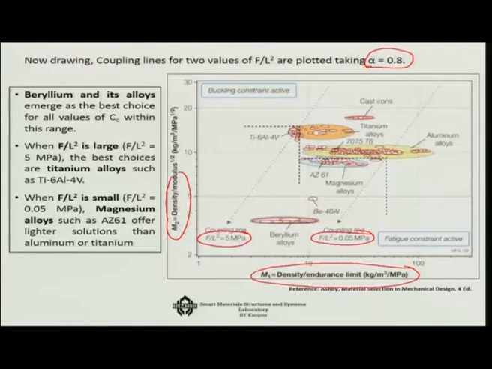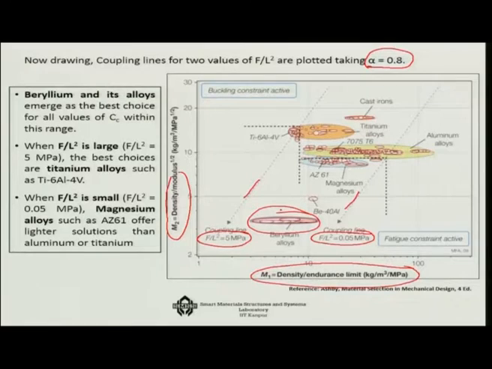Now in this coupling line, when you are towards the lower border, you can see that beryllium and its alloys are coming out as the best choice for all values of Cc within this high pressure to low pressure range, because you are satisfying M1 and M2 both.